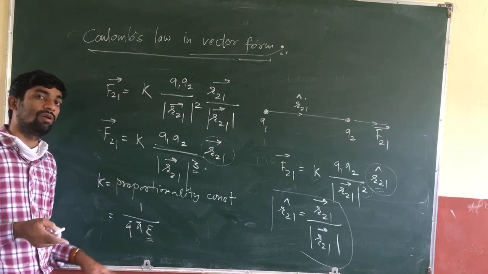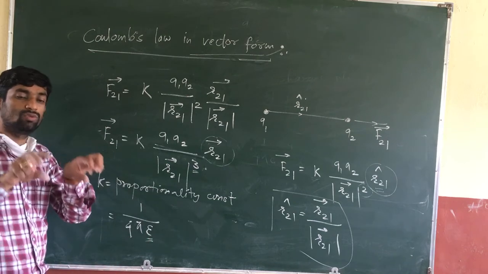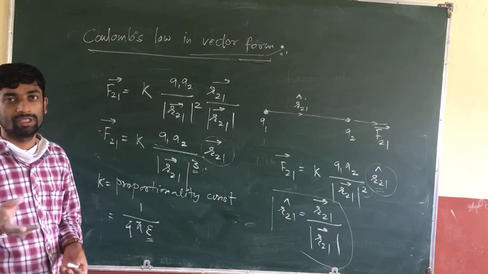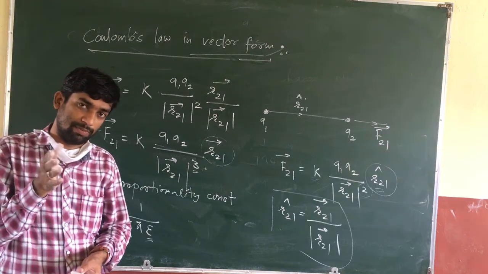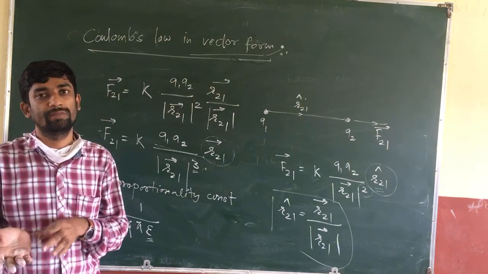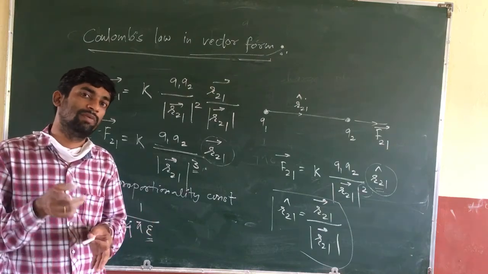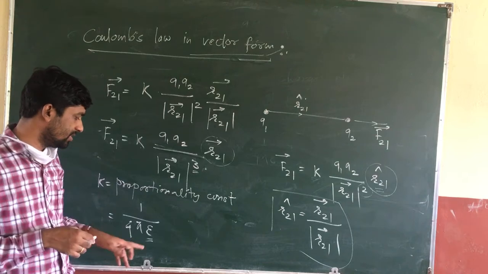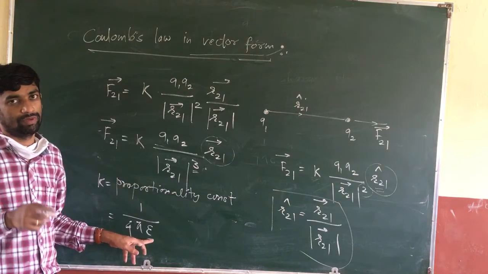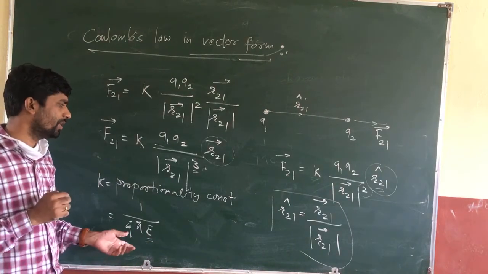Epsilon relates to the medium in which these two charges are placed. If it is free space, then epsilon is replaced with epsilon naught, and if it is another medium, such as a dielectric or water, with permittivity epsilon, then epsilon is the permittivity of the medium.